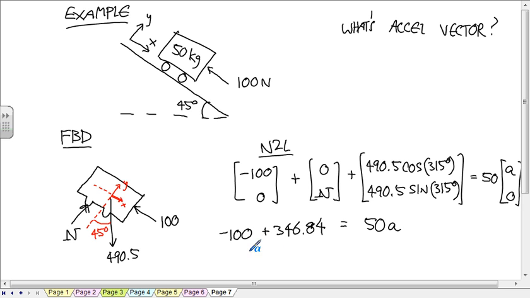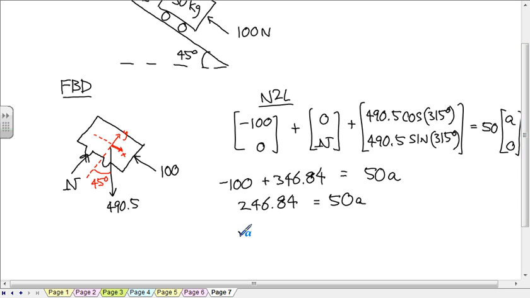And so we get 246.84 is equal to 50A. So A is equal to 4.936.